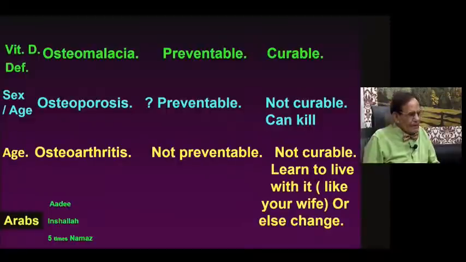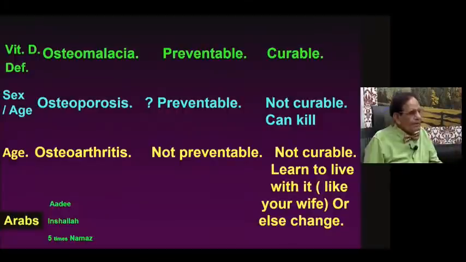So, can you prevent it? No. Because you are going to grow old, you are going to have menopause, and the older you grow, the more osteoporosis. It is not curable. The Queen Mother in the UK had a fracture of the hip due to osteoporosis at the age of some 95 or 98.